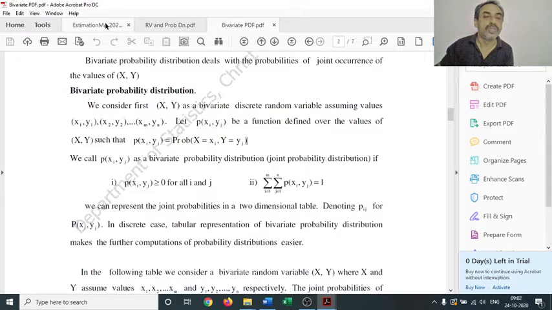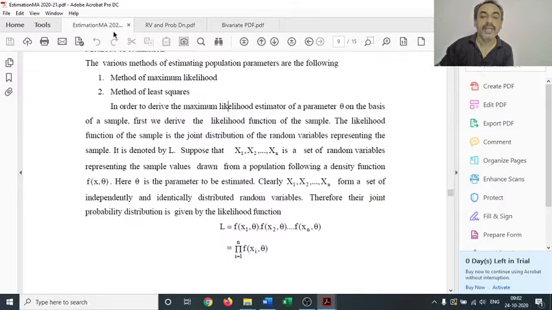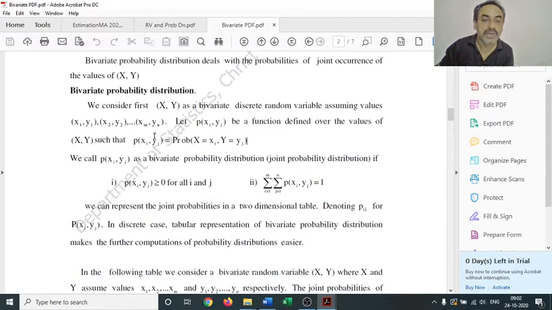Now we come back to the likelihood function. In the likelihood function, we consider again an extension from one random variable to n random variables. That is, the likelihood function is a multivariate probability distribution. When we extended one random variable to two random variables, we got the bivariate probability distribution. We can further extend this to k random variables together, that is, X1 equal to x1, X2 equal to x2, X3 equal to x3, etc., Xk equal to small xk.